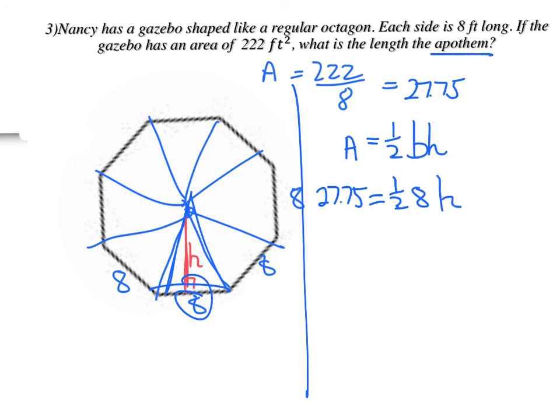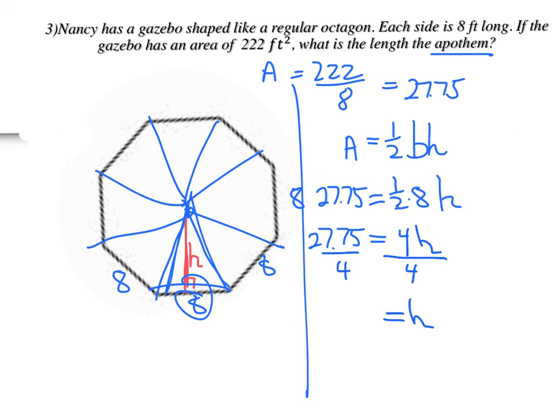That's the apothem. Okay, so 27.75 is equal to 1/2 times 8, so that's 4, times the height. Finding h, we have an equation here. We could just divide by 4, divide by 4. So the height would be 27.75 divided by 4.